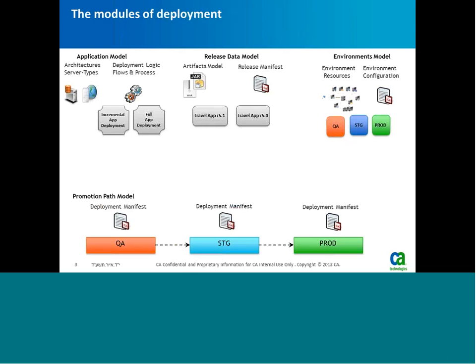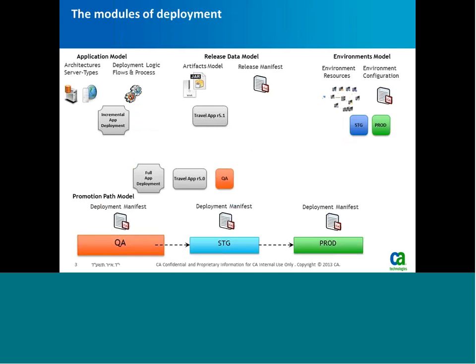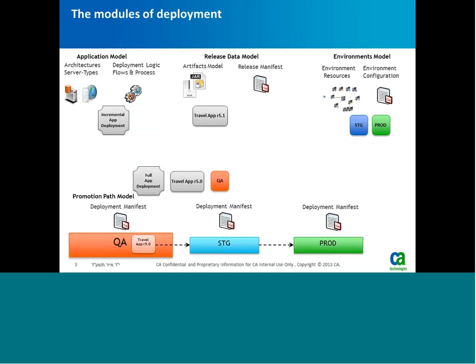Now let's say that I created a new content that I want to push to the QA environment. So what I basically need to do is take the generic deployment logic that is relevant for the content that was created by the CI tool. In this example, the full application deployment. This is the generic logic that tells how to do a full application deployment.